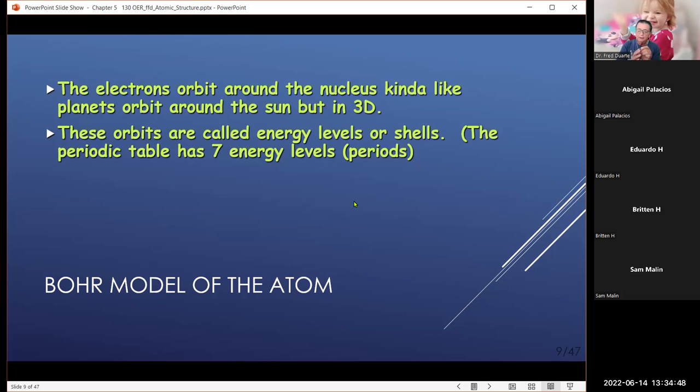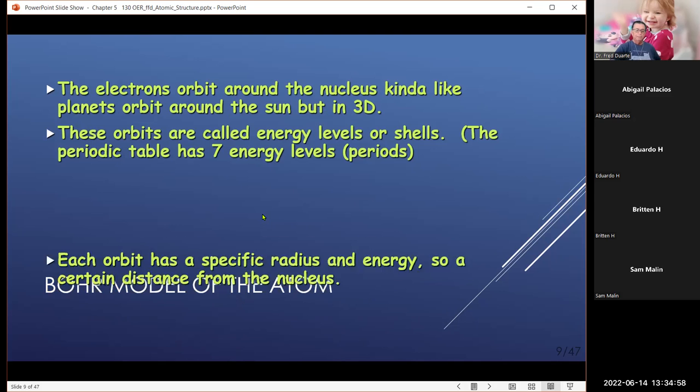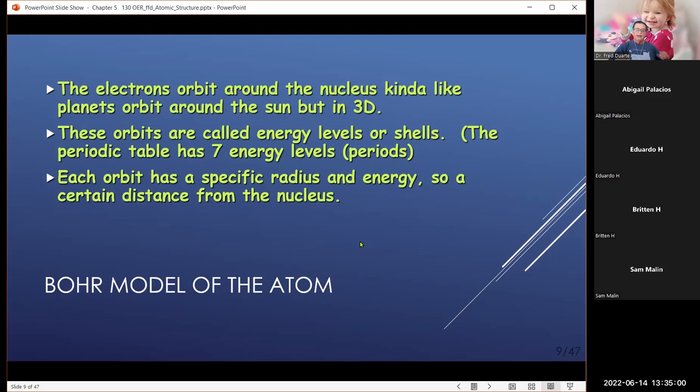We are going to find out that within these 7 energy levels, there are sub-energy levels that we're going to call orbitals, okay? Every orbital or energy level has a specific radius and a specific energy, so there are certain distances from the nucleus.